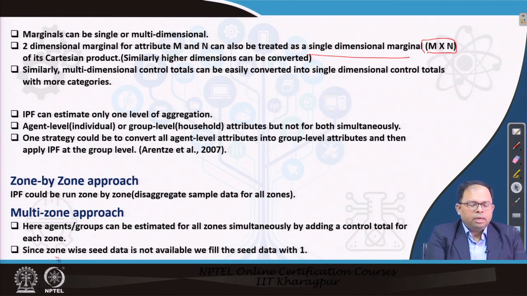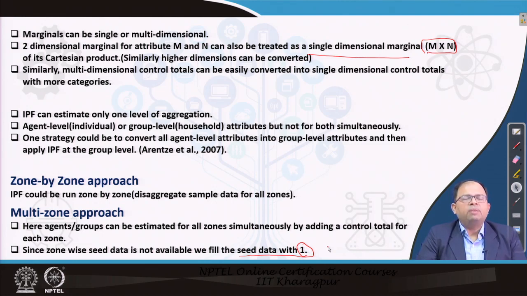Since in most cases zone wise seed data is not available, we use seed data as one, which means any equal seed data would be fine. We use a matrix with each cell having one value as the seed data, and using iterative proportional fitting we can arrive at the number of population in each zone. I will demonstrate that.